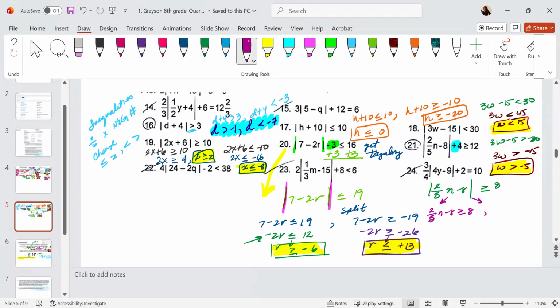And minus 8 is less than 12. Greater than 8. And what do you do? Solve it.